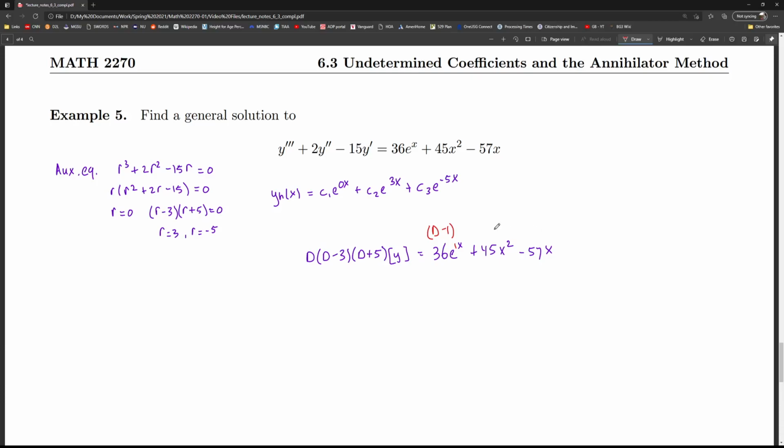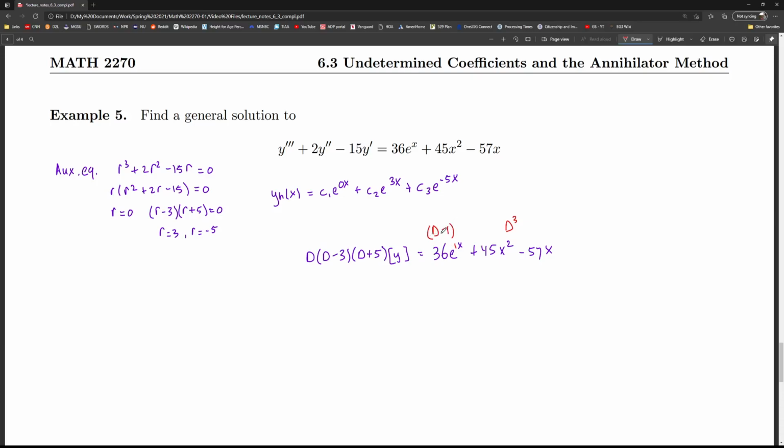But that would give us an unnecessary amount of coefficients for our particular solution, because D cubed works for x squared, but it certainly will also work for x. So don't use D cubed times D squared. It's not entirely wrong, but you'll get too many coefficients that you'll have to worry about.